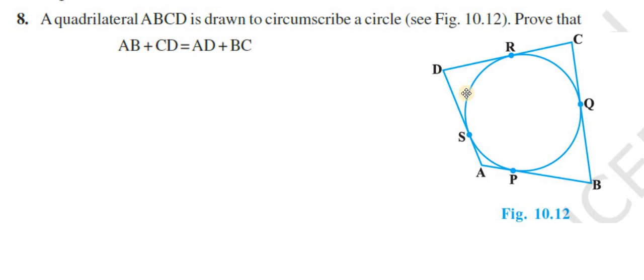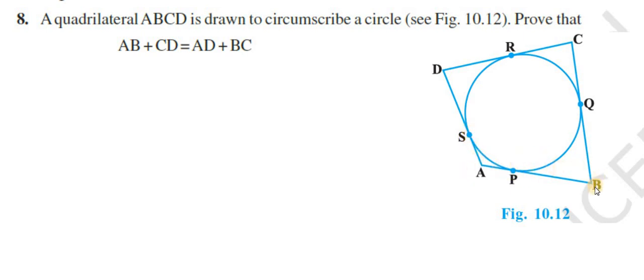If you observe carefully, we can write that DR and SR are both equal. Why? Because from Theorem 2, DR and SR are tangents. So we can write DR is equal to SR. Even if A is an external point, SA is equal to AP.